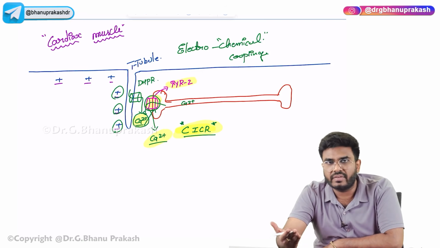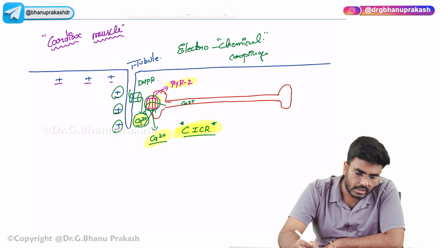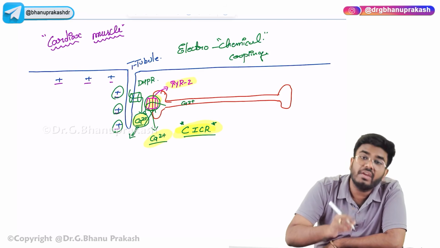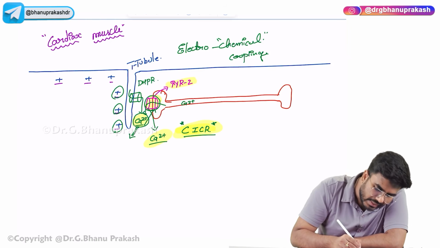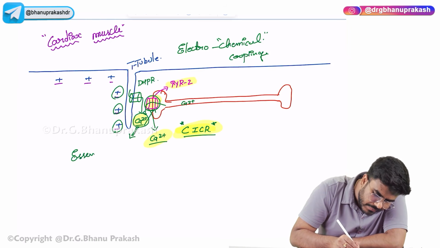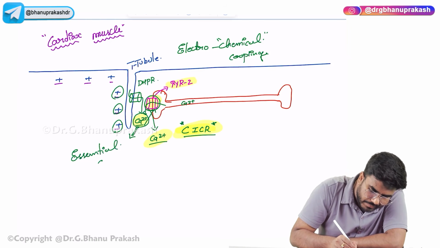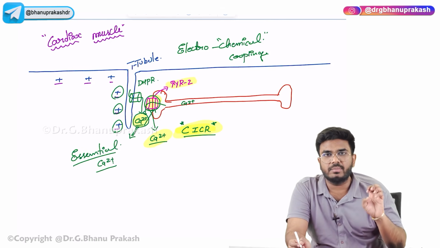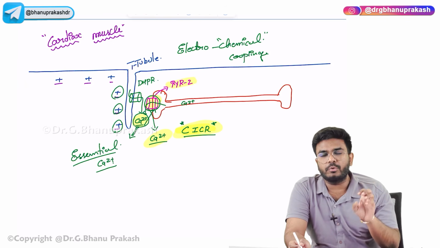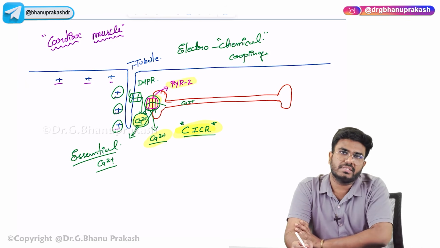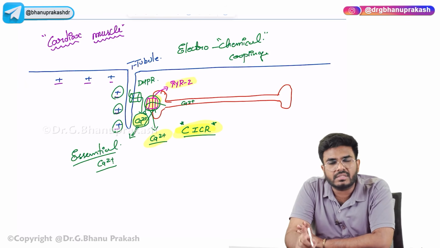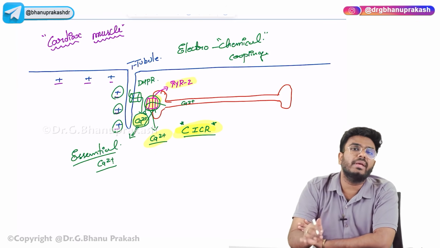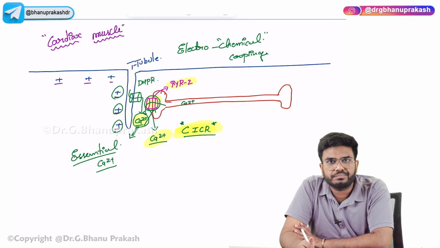Once the calcium is available, muscle contraction will occur. This calcium which came from outside is called essential calcium. MCQ. It came from outside and stimulates the sarcoendoplasmic reticulum to release more calcium from the RYR channels. So electromechanical coupling occurs in skeletal muscle, and electrochemical coupling occurs in cardiac muscle.